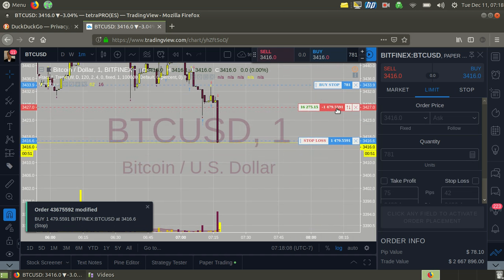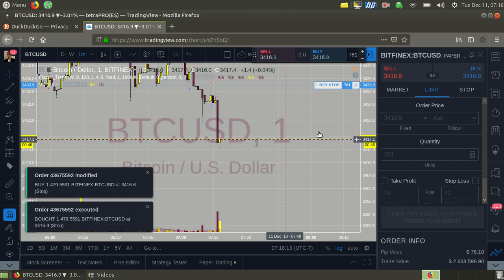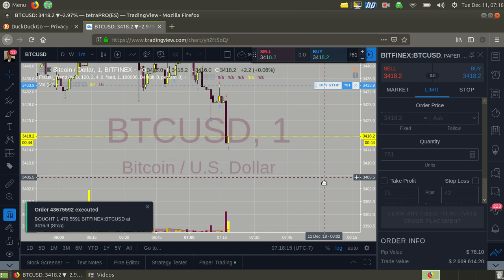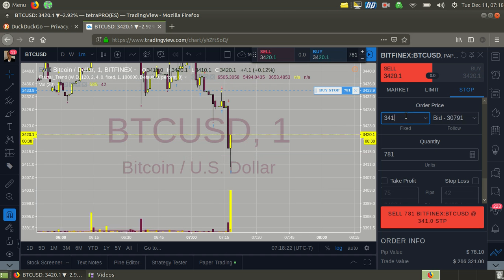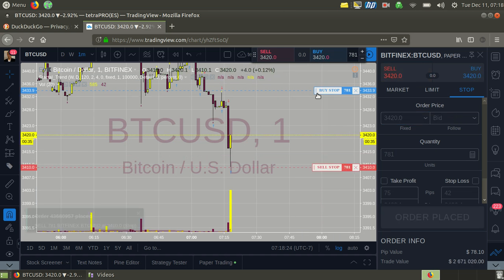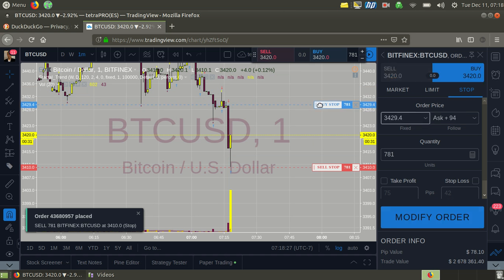Look at that, 16,000, negative 4.7%. So we're off the table there, and I don't have another sell line in the market. So like fishing, there it goes. It's just jumping down, crazy. So we'll bring this buy stop down there.